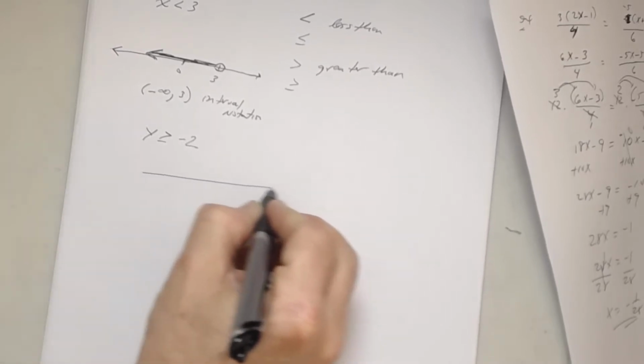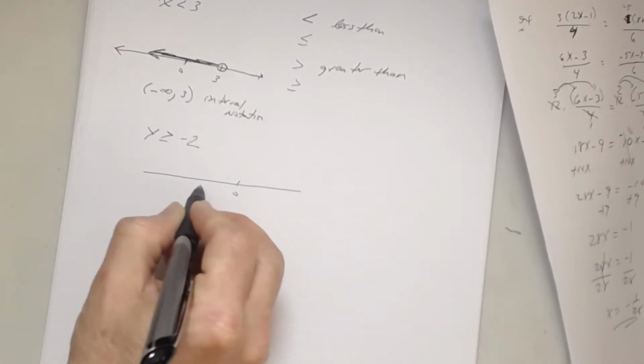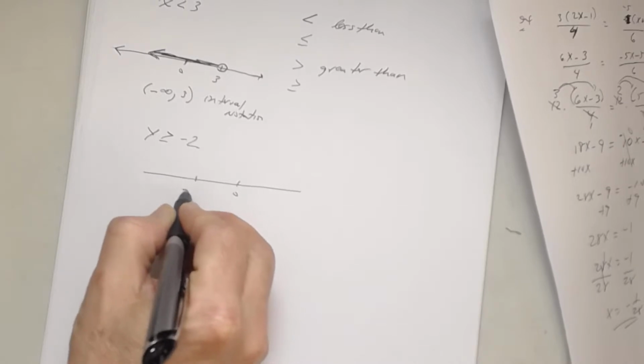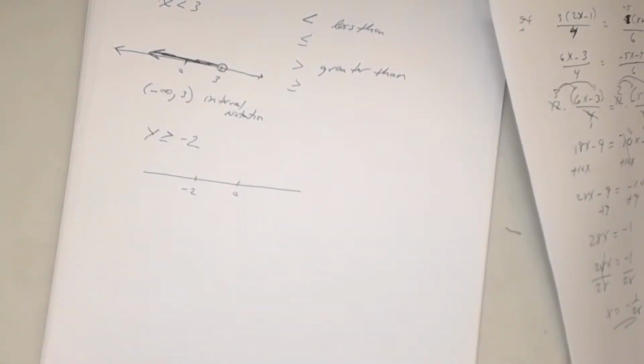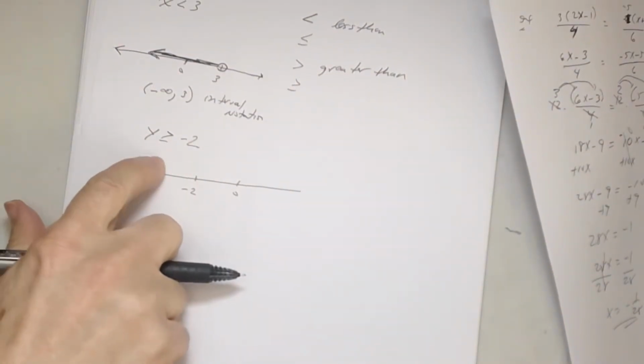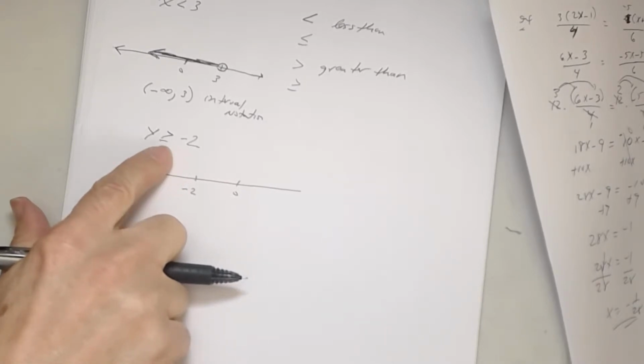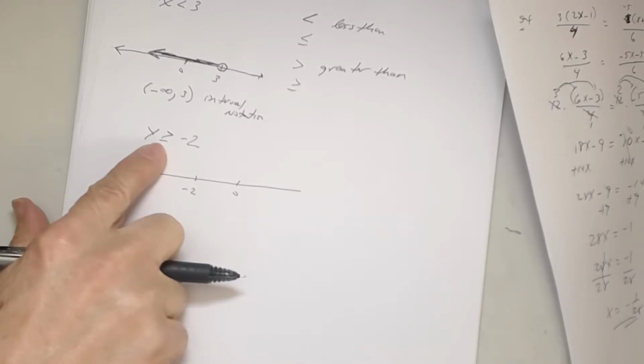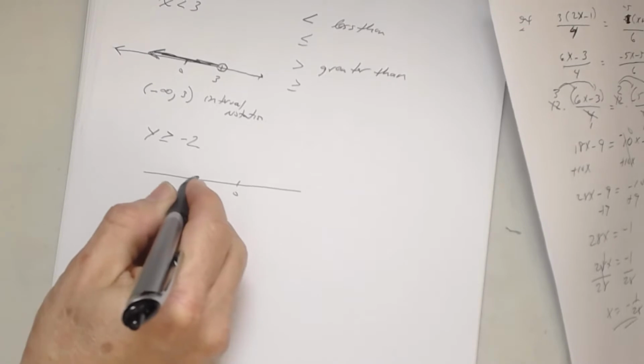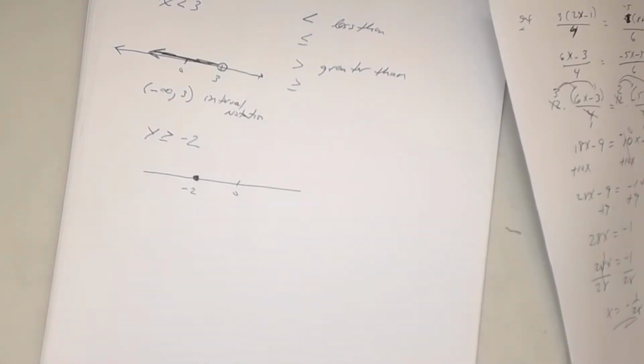Okay? So here, I want to graph the solution. Negative 2 is on which side of 0? The left. Is negative 2 a solution? Yes. Because is negative 2 greater than or equal to negative 2? Yes, it's equal to. All right, now, since there's an equal sign, and that means negative 2 is going to be a solution, I'm going to put a closed circle on negative 2.